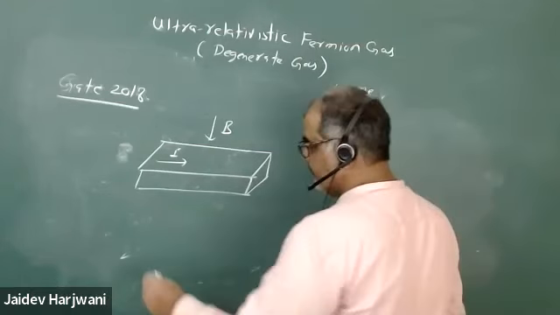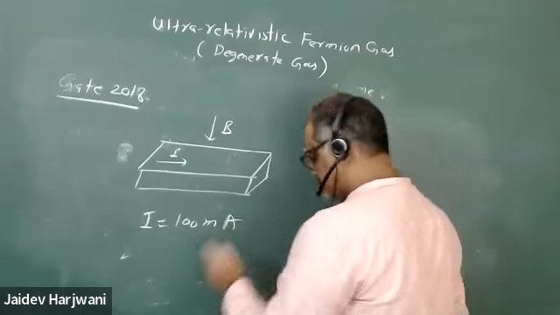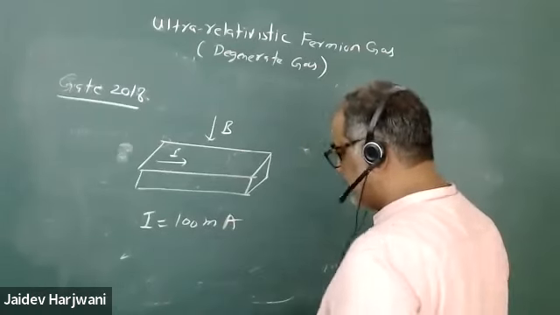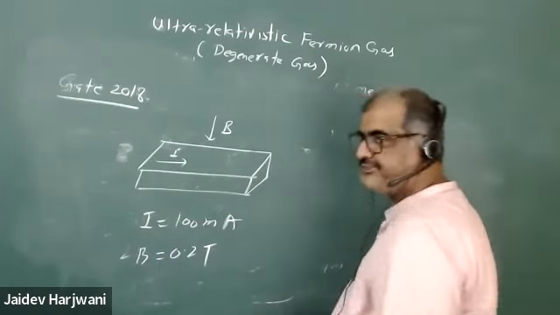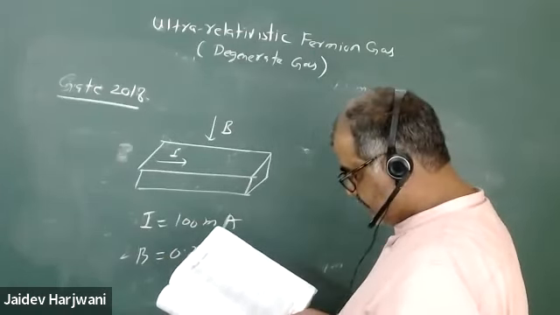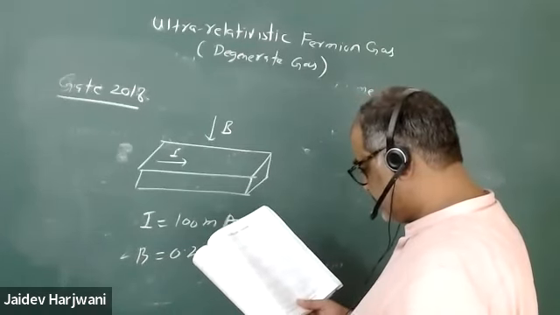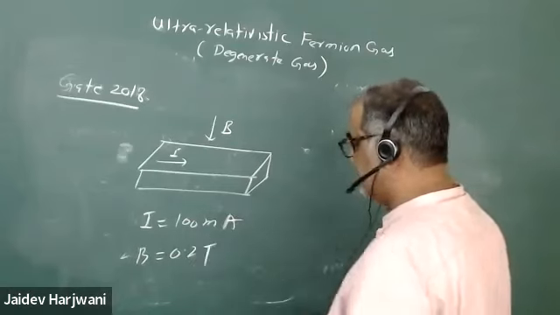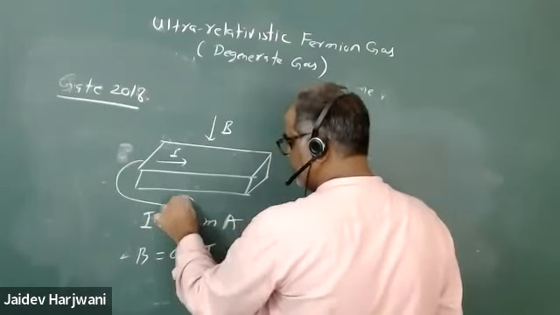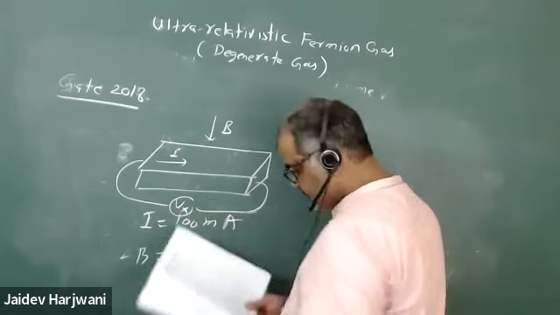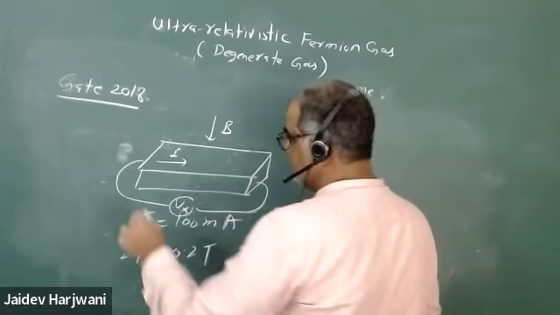They are flowing a current I equals 100 milliampere, and the value of B they have given is 0.2 Tesla. They are measuring voltage along the x-axis, the direction of current, so Vx, and they are also measuring the Hall voltage Vy.